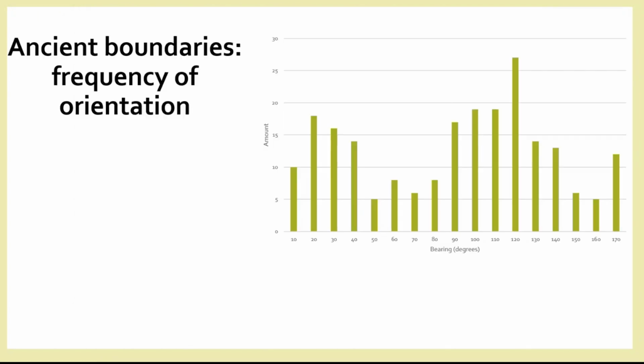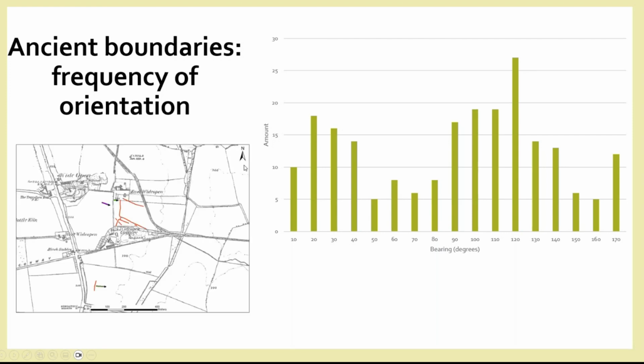These are boundaries depicted on the first edition OS map. When we look at the boundaries and tracts that were transcribed from excavation data, so in terms of the ancient boundaries, the late Iron Age and Romano-British boundaries, we've got a greater density towards 20 and 30 degrees or 120 degrees. This is just a little snapshot of where we've got some.